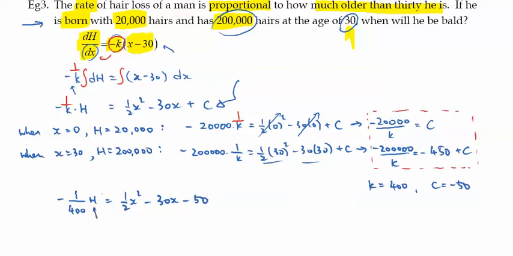If this person is now bald, that means h equals 0. Times negative 1 over 400 will still be 0. And here, 1/2 x squared minus 30x minus 50, you have a quadratic equation. And we know how to solve a quadratic equation. You will end up with two answers, and you only want the positive answer.